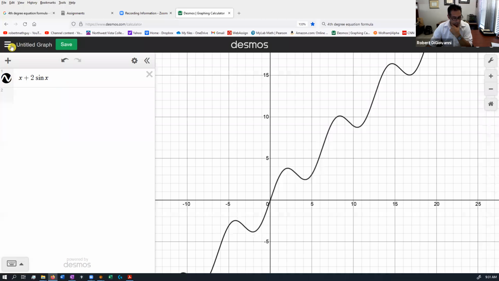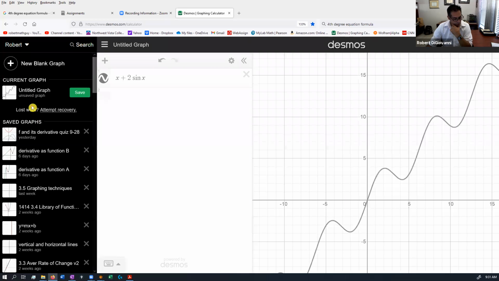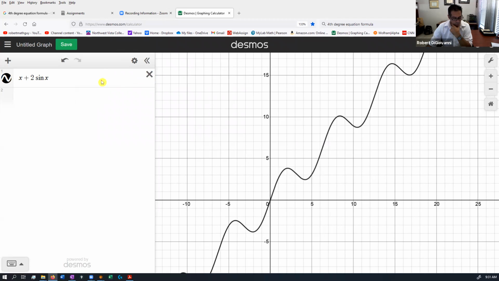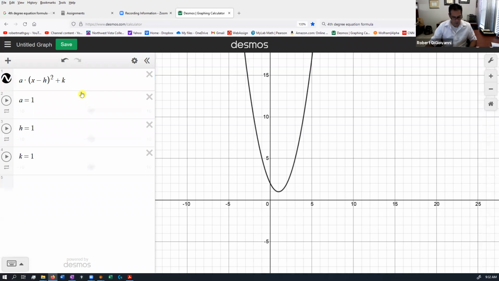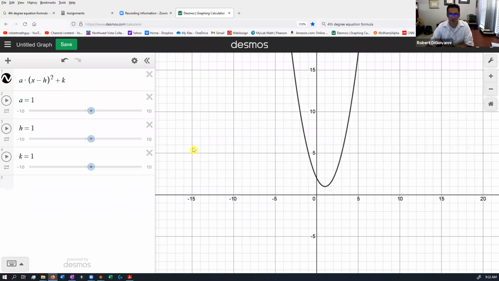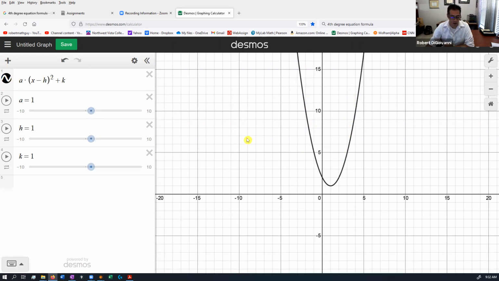I'll just use this one again. So all quadratic functions look like this, which is a parabola.